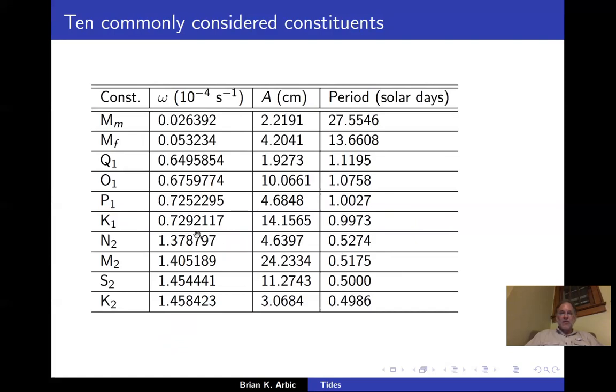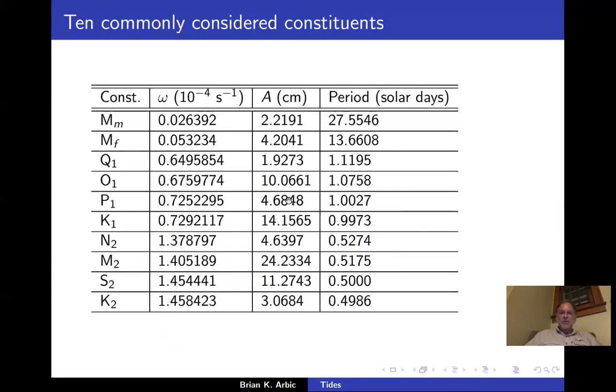The period is just 2 pi divided by the frequency. For those that enjoy math, if you take 2 pi divided by this and convert the units from seconds to days, you'll get this. The diurnal constituents with subscript 1 have periods near once per day, and the long period tides have much longer periods.